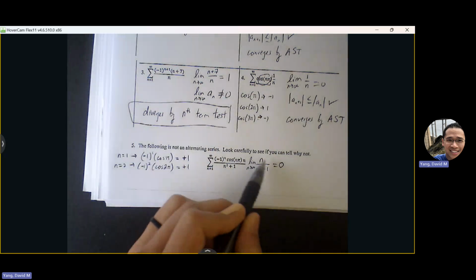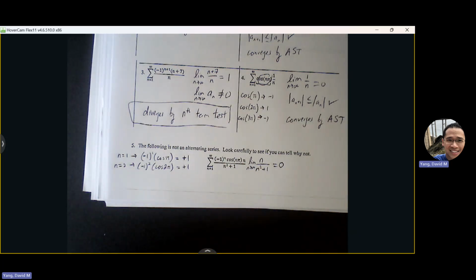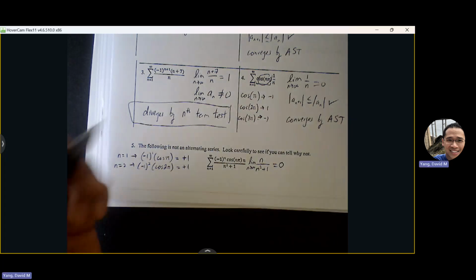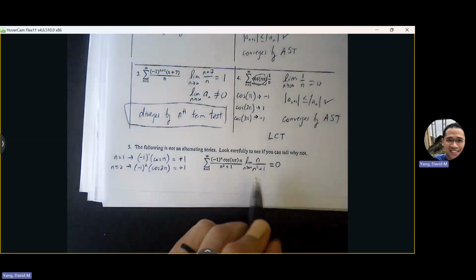Maybe for this, it would be a good one for us to use either direct comparison or limit comparison, but I think we prefer limit comparison if we're given the choice. So let's see if limit comparison can help us make our conclusion.